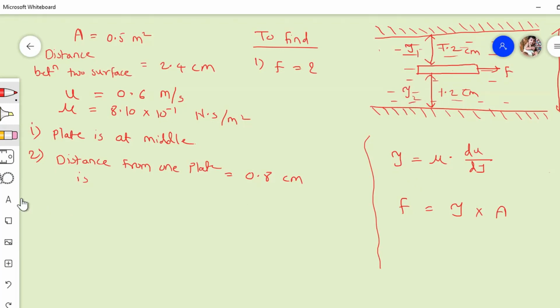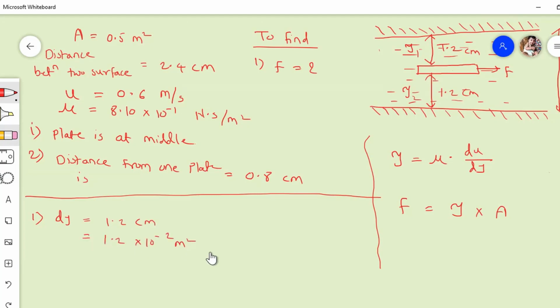Okay, so we will start with the first case. Okay, so case 1, y, or dy, is equal to 1.2 centimeter, which is 1.2 into 10 raised to minus 2 meter. Okay, so I have to find out tau 1. So tau 1 is equal to mu into du by dy.